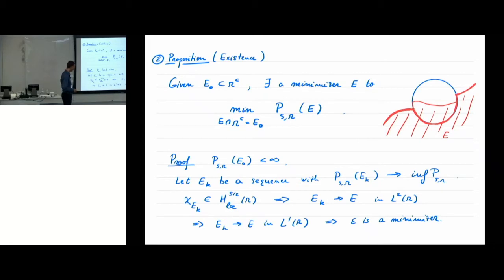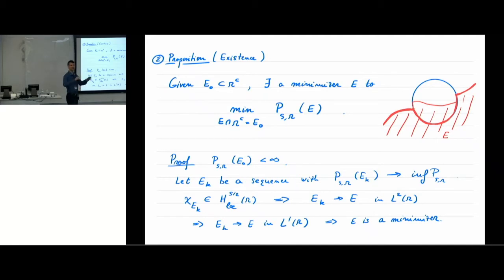So locally, up to subsequences, I can assume that E_k converges to some limiting set E in L2 loc. Because my domain is bounded and I'm dealing with characteristic functions, L2 loc is the same as L2, and L2 is the same as L1. Now I apply lower semi-continuity, and I say that this limiting set E is in fact the infimum.